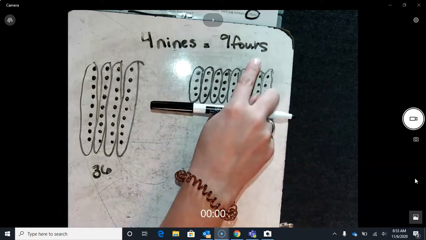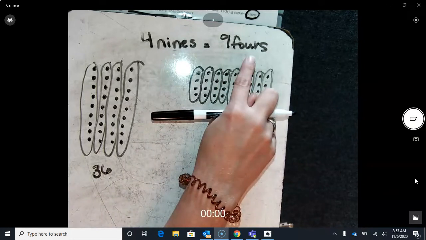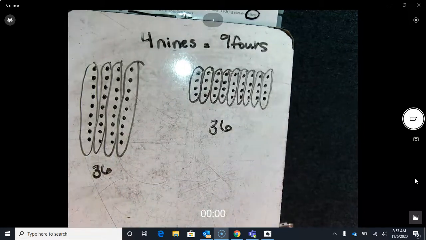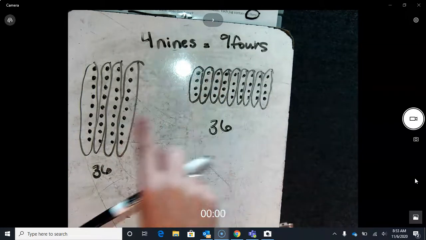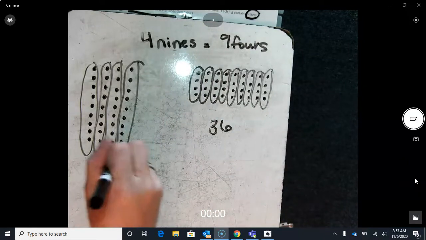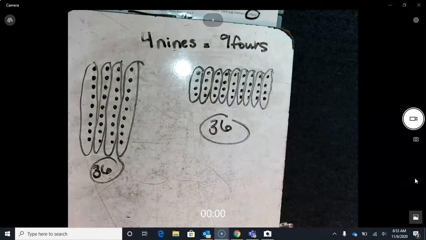So if I wasn't sure what 9 4s was, I could use the strategy of knowing what 4 9s is. Either way, no matter if they're flipped, even though they represent different problems, they do get the same product or the same answer. Remember, product is the name for an answer in a multiplication equation.